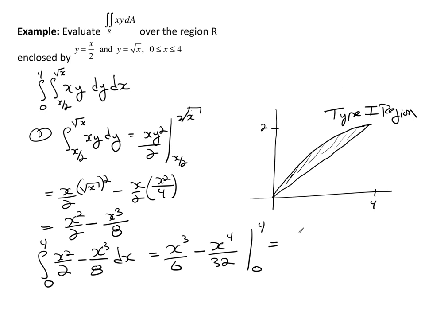So that's going to be 4 cubed over 6 minus 4 to the 4th over 32 minus 0. When I work through that, what I end up with is simply 8 over 3.